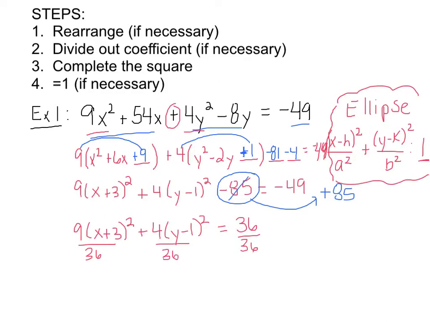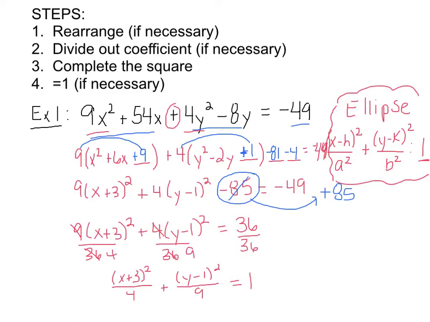And then when we do that, we want to simplify that. So 9 goes into 36 4 times, 4 goes into 36 9 times, and then let's rewrite our equation. So our equation is going to be x plus 3 squared over 4 plus y minus 1 squared over 9, and that's equal to 1.